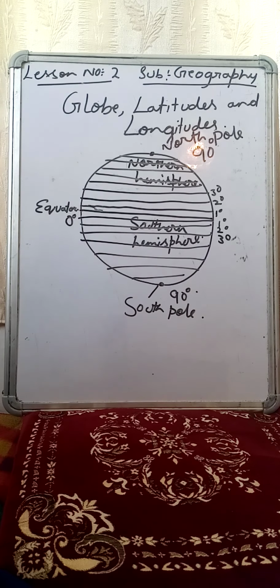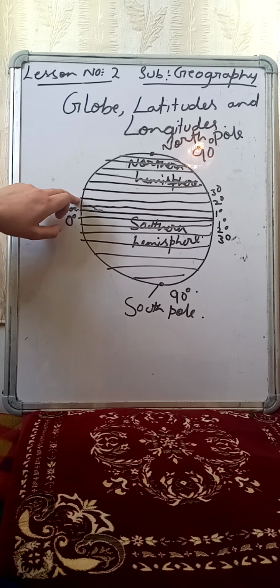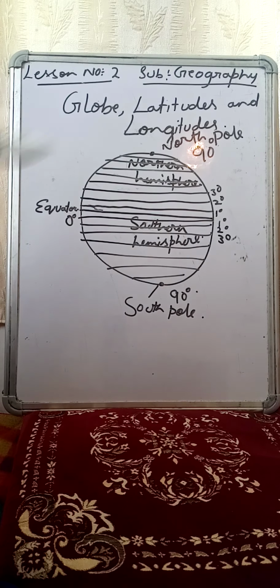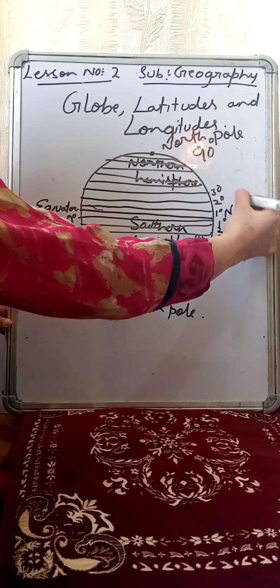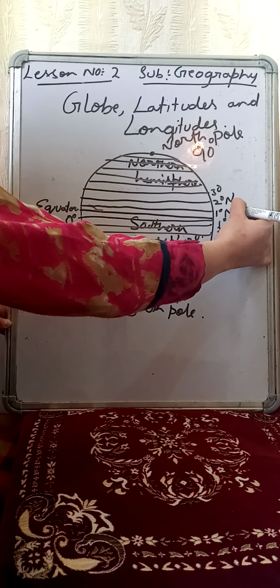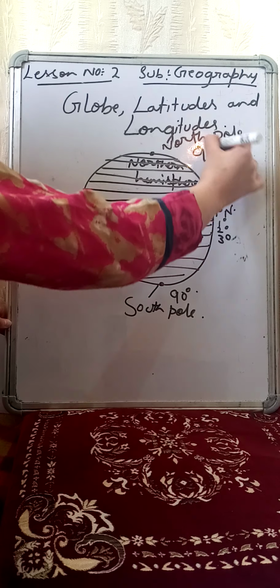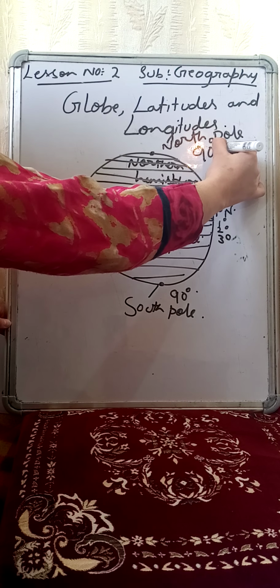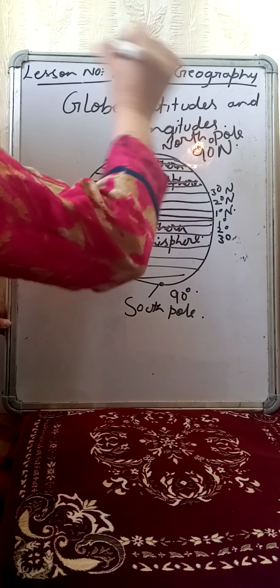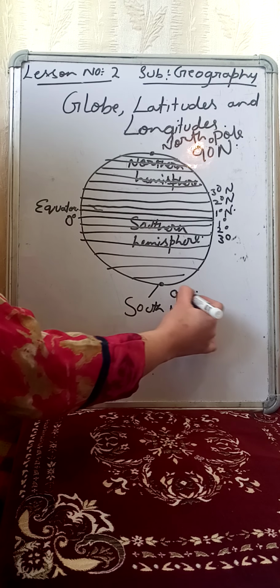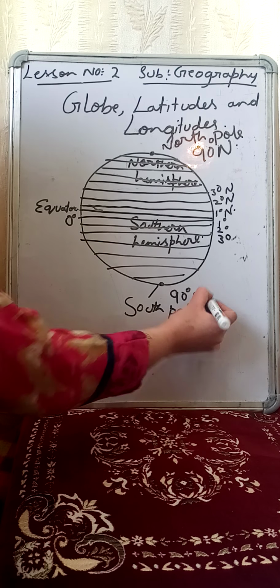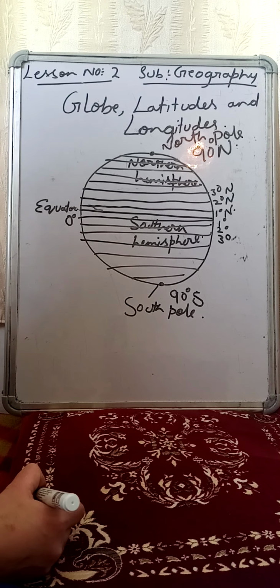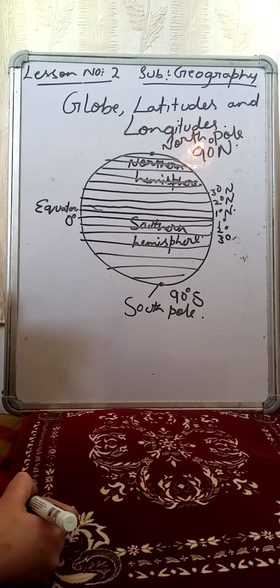In the northern hemisphere we call them 1 degree N, 2 degrees N. N is known as North. So our North Pole is 90 degrees N and our South Pole is 90 degrees S. S is known as South. Okay, got it?